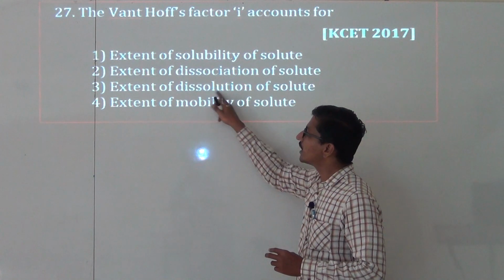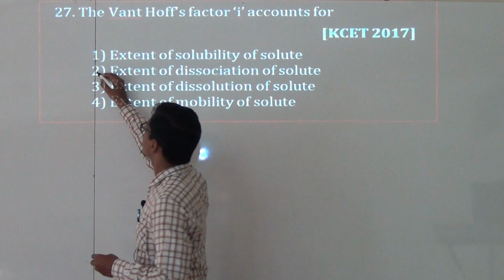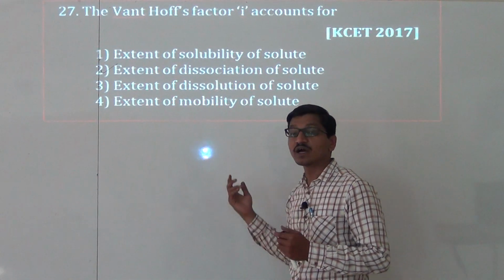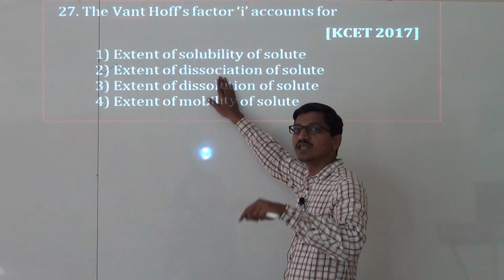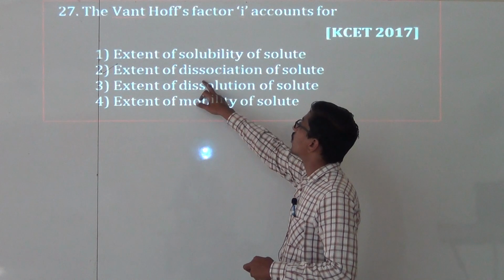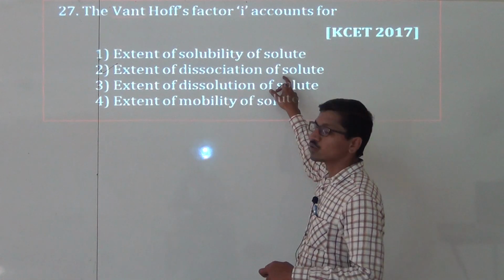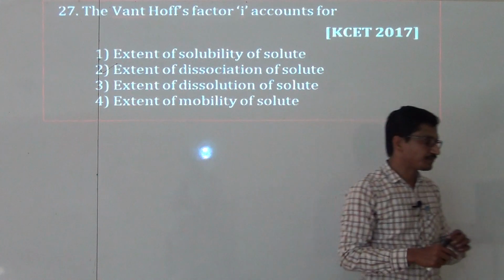Dissolution is not a correct option for van't Hoff factor, only dissociation, that is the second one. If the solute is associated or dissociated in the solution, then we define van't Hoff factor, and van't Hoff factor accounts for extent of dissociation of solute in the solution. Second is the correct answer.